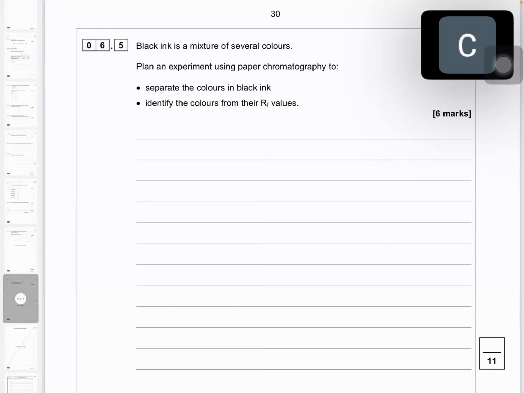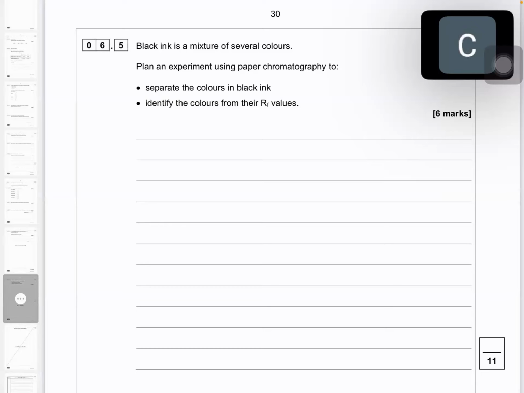But if it's black ink, like in a biro, number one, black ink would dissolve in a solvent like either kerosene or petrol. It usually dissolves only in organic solvents. Guess what? It won't dissolve in water.